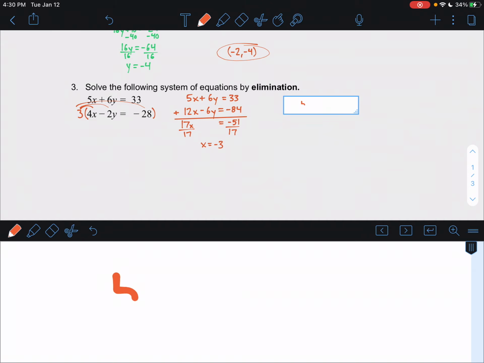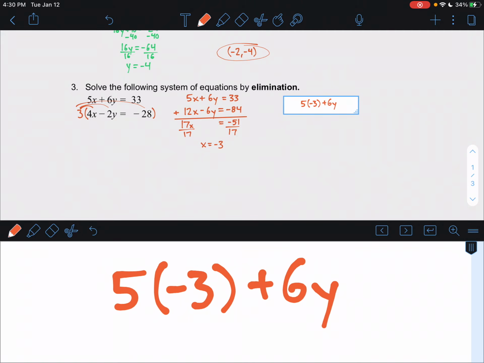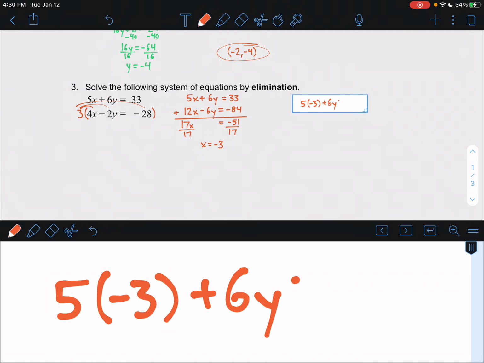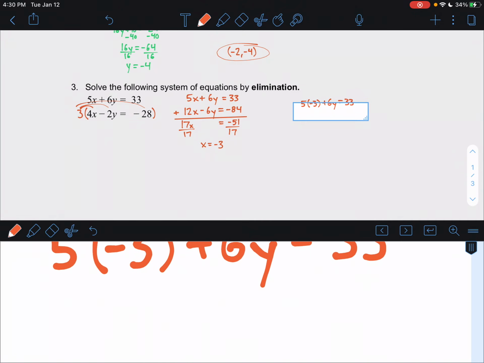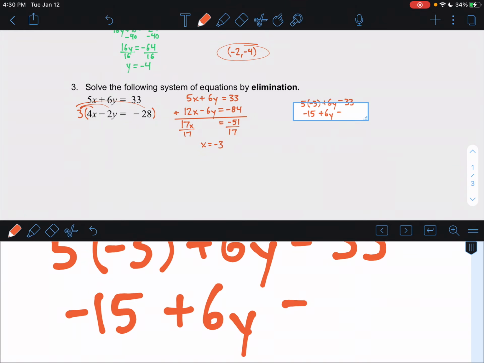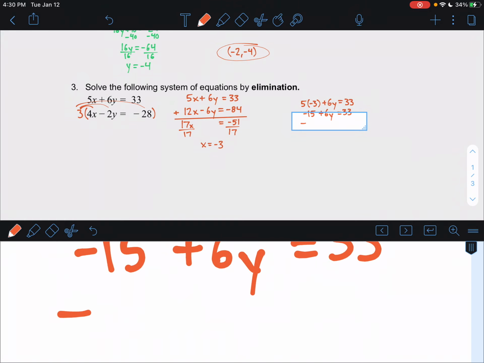So I have 5 times negative 3 plus 6y, because I don't know what y is yet, is going to equal 33. 5 times negative 3 is negative 15, plus 6y equals 33. I'll add 15 to both sides.